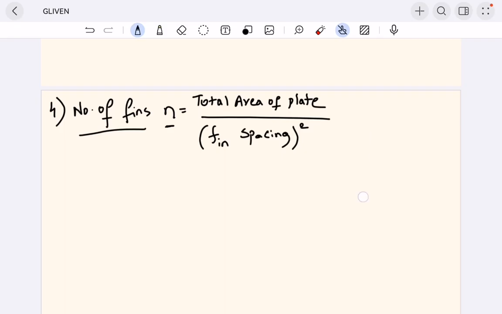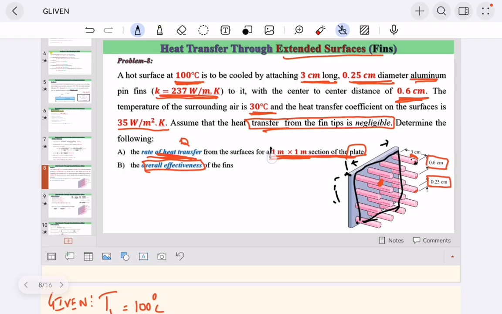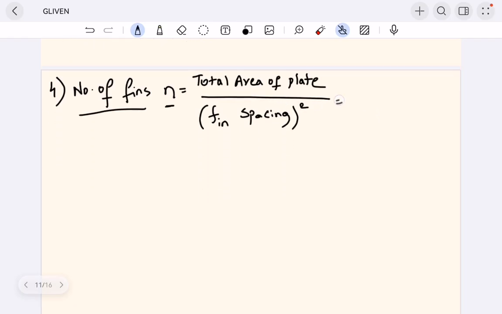Now in the question it says that we need to take the area as 1 by 1. So the area of the plate is 1 square meter. The fin spacing squared we have calculated, it's 0.006 square meters. If you divide, approximately the total number of fins are 27,778.